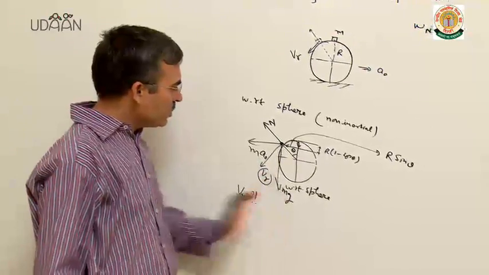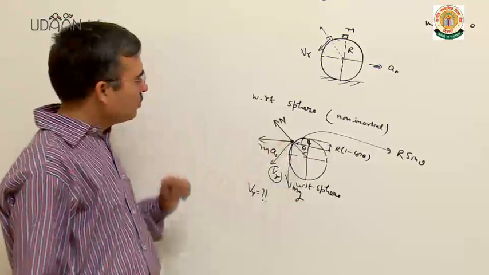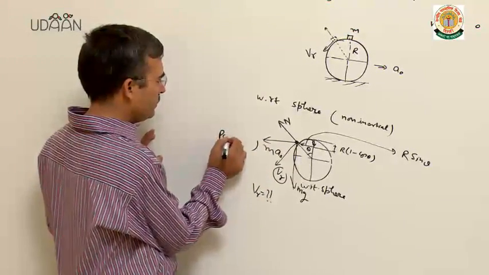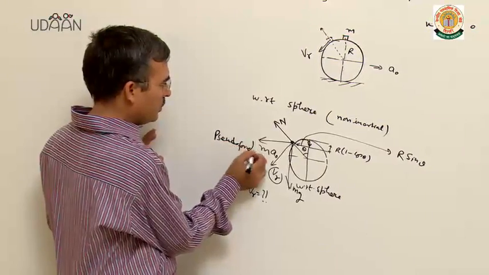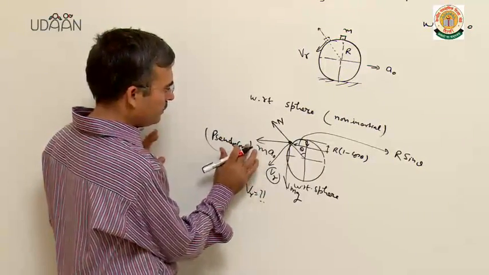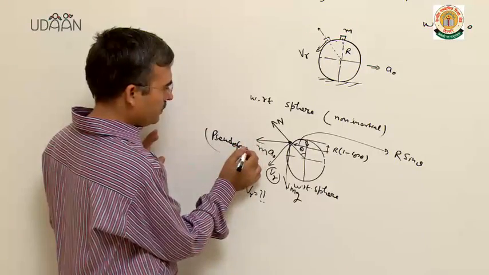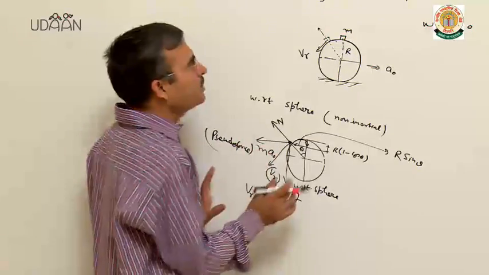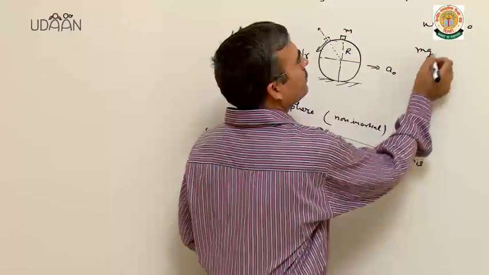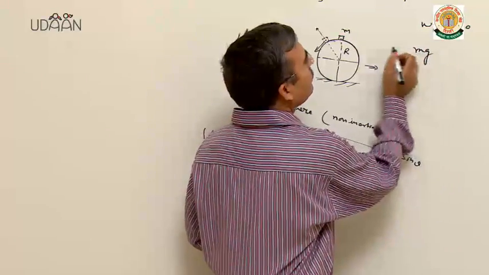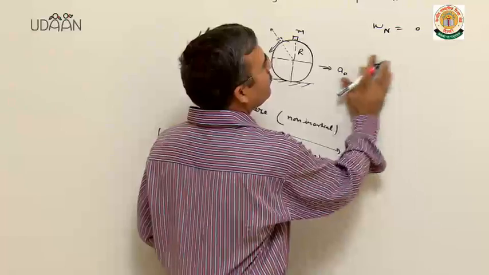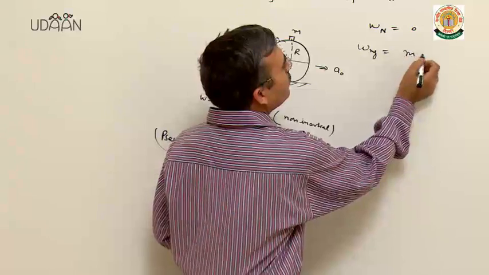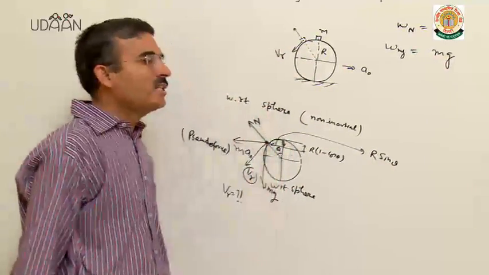Work done by mg is constant force here. M a naught is also constant force here, that is pseudo force. Clear? So work done by mg here will be equal to mg into net displacement.